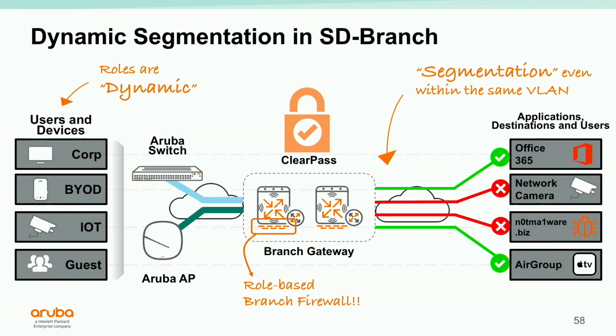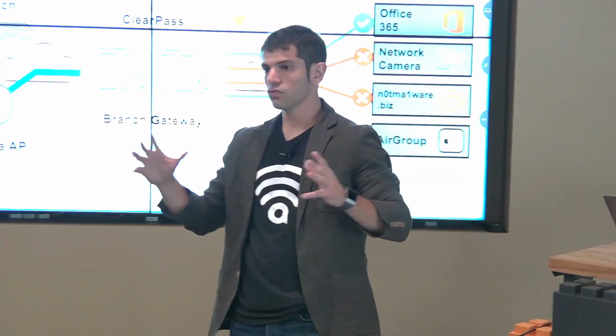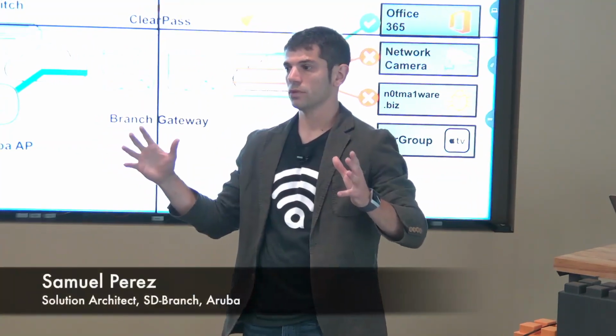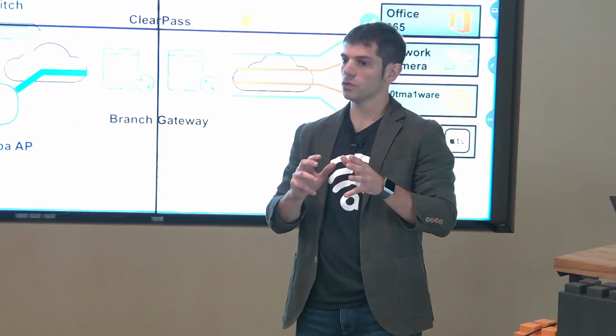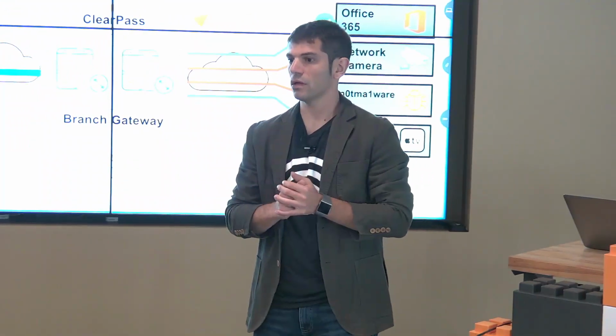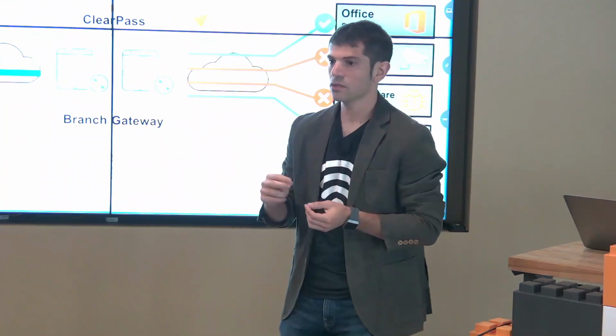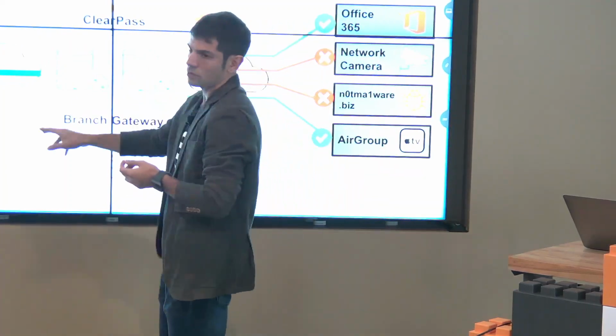What we can do in larger environments, and typically you see this more in the campus than in a branch, is first of all, we can build a cluster here of multiple gateways or controllers. We are moving to calling them security gateways because that's really what they are, so that you distribute the load across multiple devices. But then you may still want to not send everything up there. So we selectively, based on the user role, either tunnel or bridge locally.